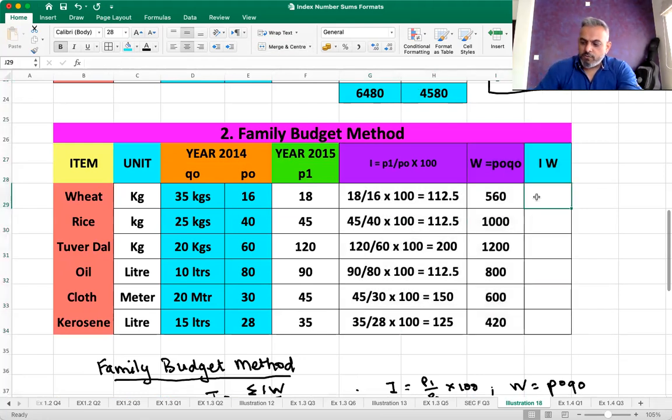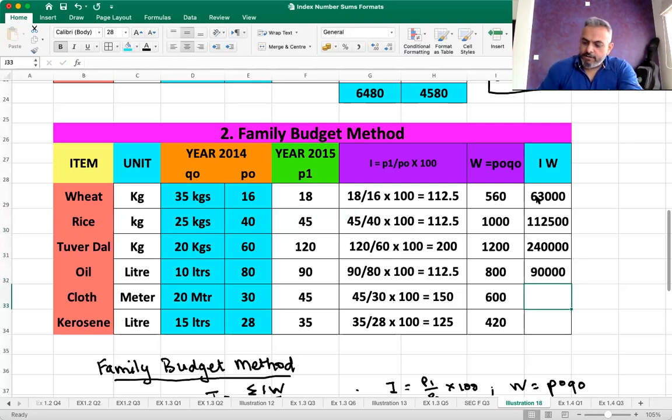Now I into W. So 560 into 112.5, 63,000. 1000 into 112.5, then 1200 into 200, 112.5 into 800, 90,000.